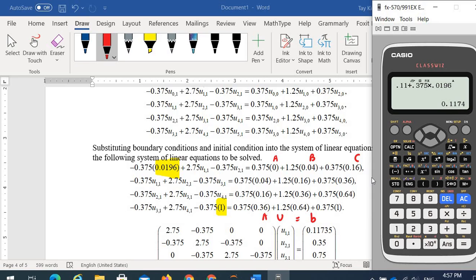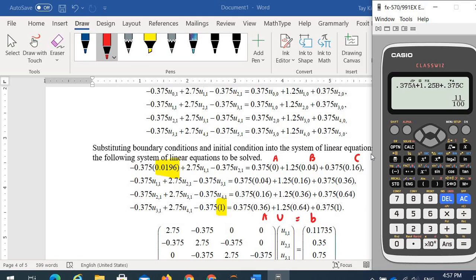In manual, you calculate 0.375 times 0 plus 1.25 times 0.04 plus 0.375 times 0.16. Select this term. But what I'm using here is, because the right hand side has the same pattern, only your A, B, C values change, which are the left bottom, center bottom, right bottom values.